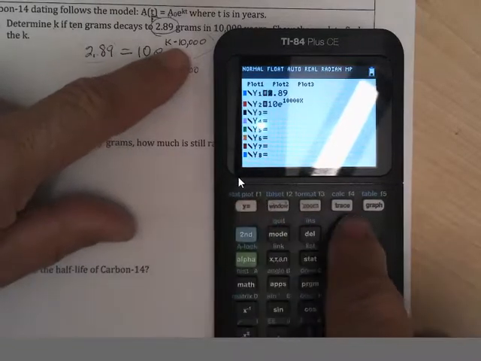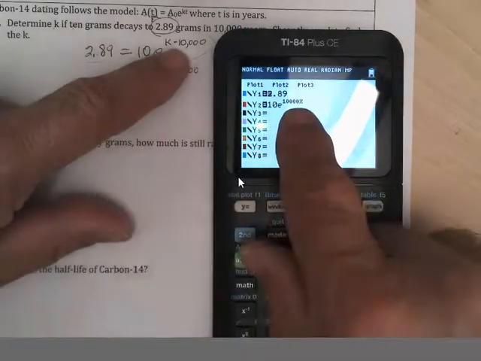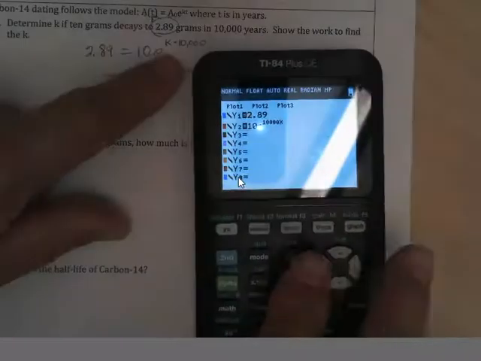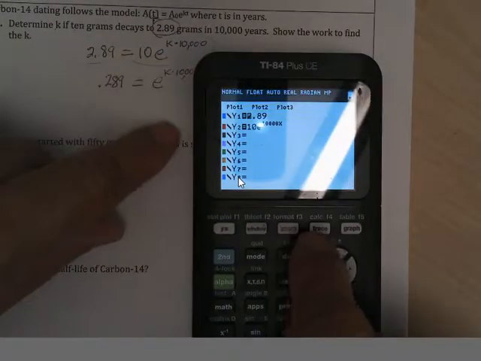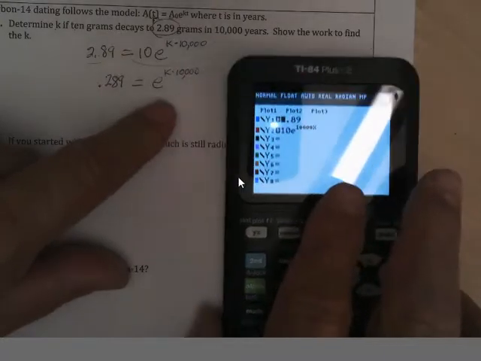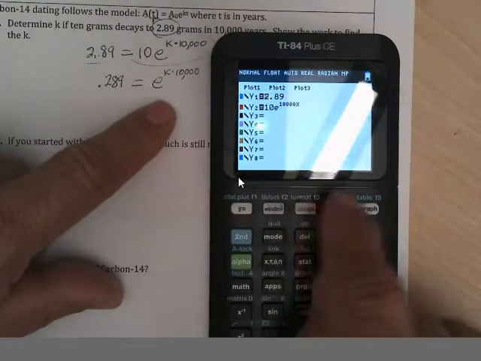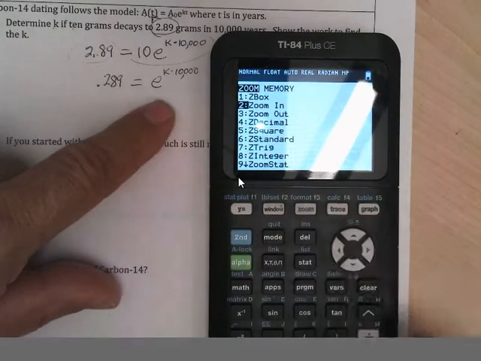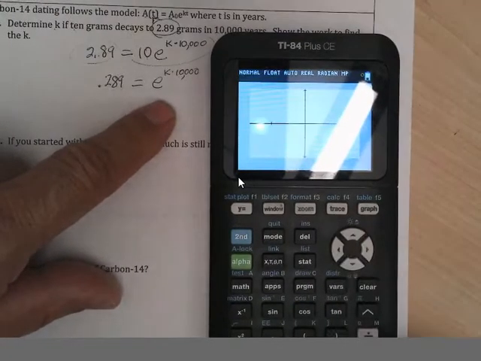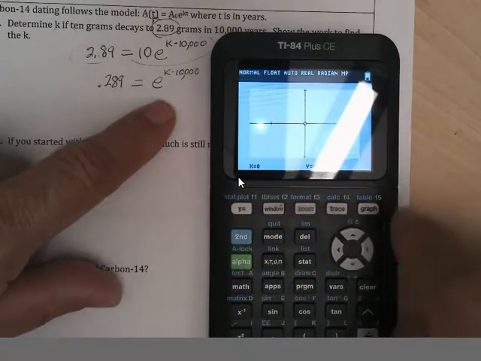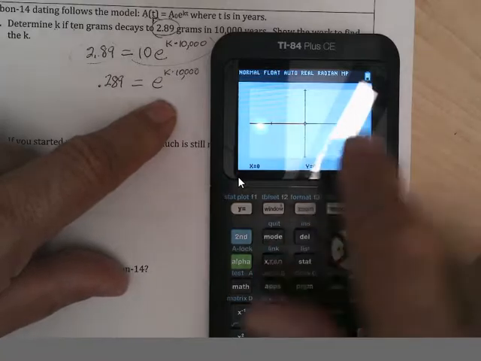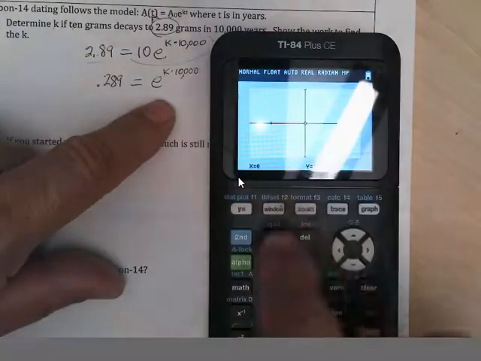E to the k times 10,000. I know it goes up pretty fast. Let's see. Oh, that's probably what it is. Let's zoom in. We're not seeing it here, but that should intersect.